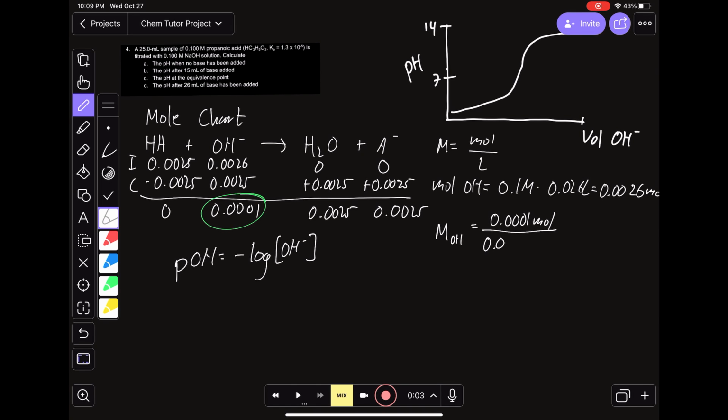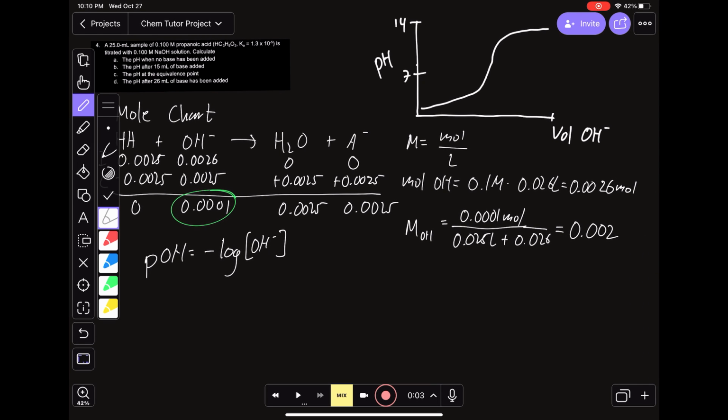So 0.025 liters for the initial and 0.026 for the base added. And we get a molarity of, let's see, 0.002 molarity.